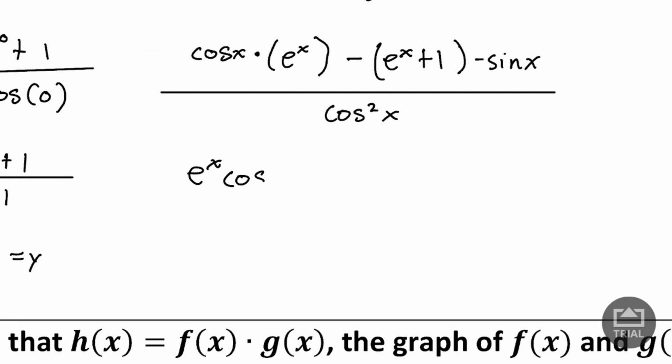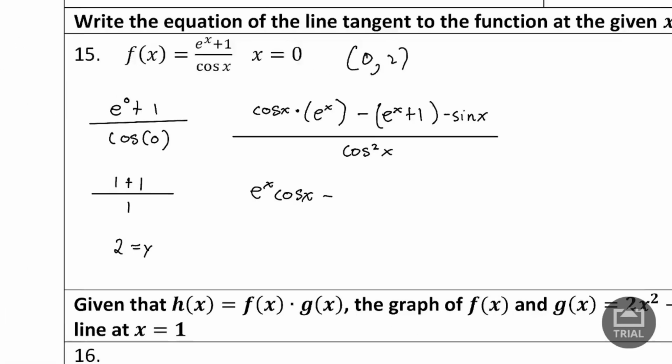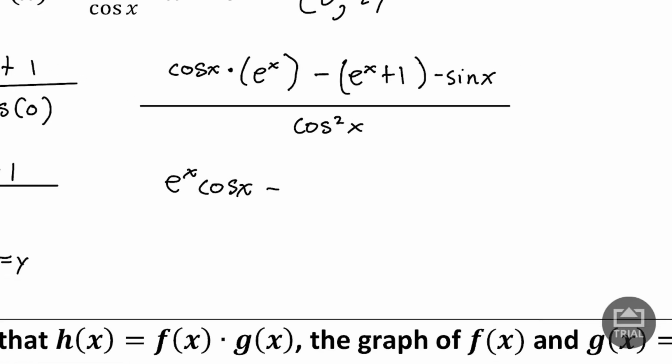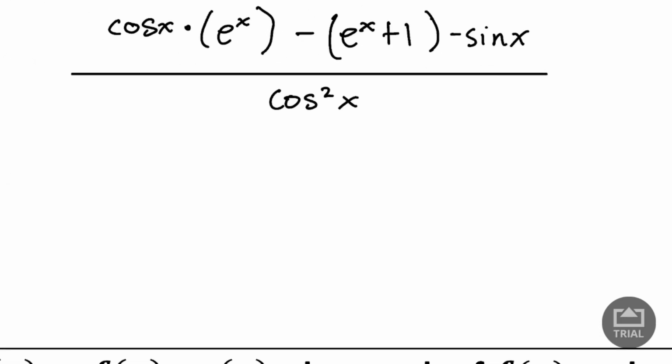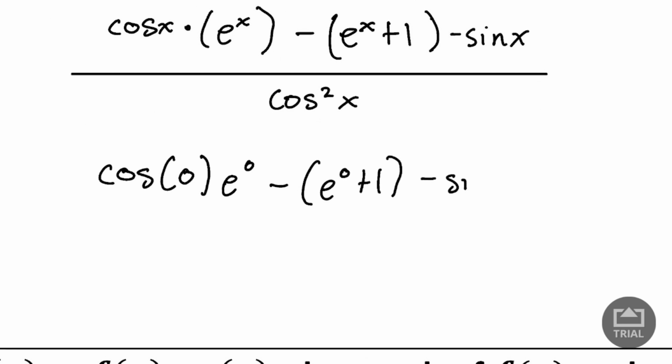And so that e to the x could come to the front, and it would be cosine x minus... actually, since we're plugging in 0, it would be more convenient. So cosine of 0 times e to the 0 minus parentheses e to the 0 plus 1 times negative sine of 0.